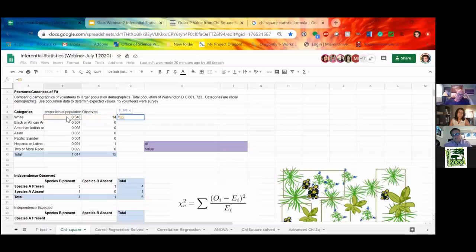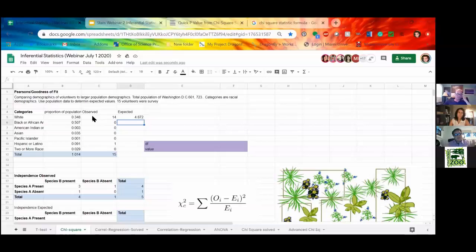Oops, I did it wrong. Equals. And then you're going to do shift 8 and then the number of volunteers. And so what that says is if my sample was accurately representative of the Washington, DC population, I should expect about 5 volunteers to be white. In my sample, 14 were white.